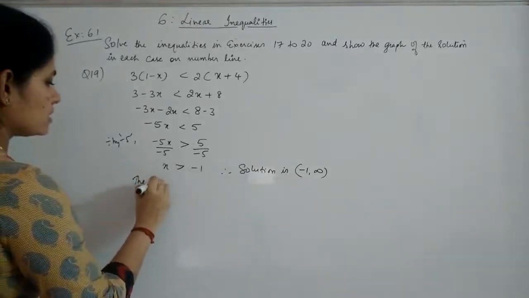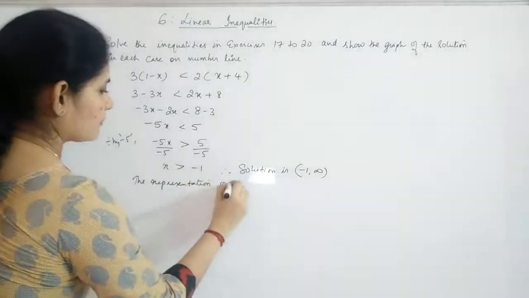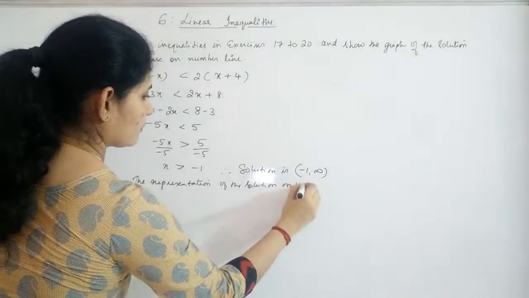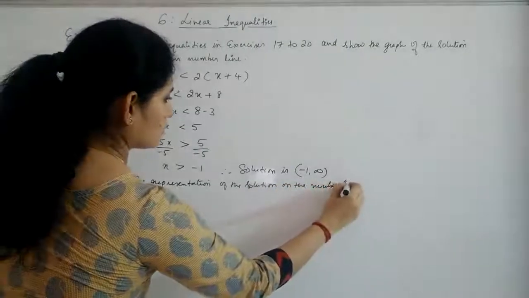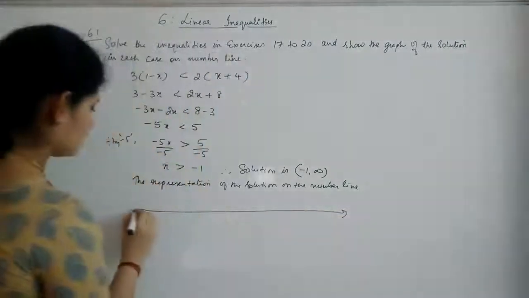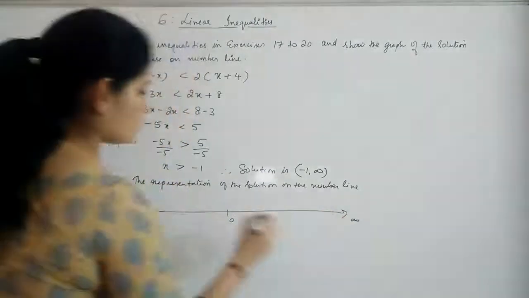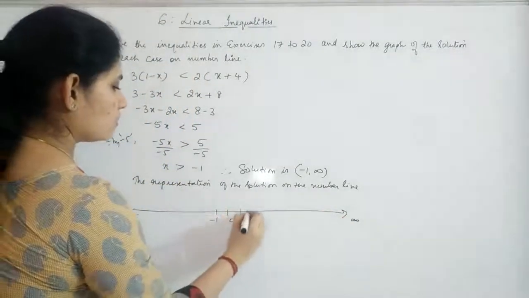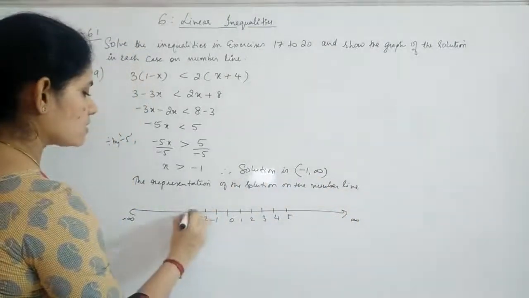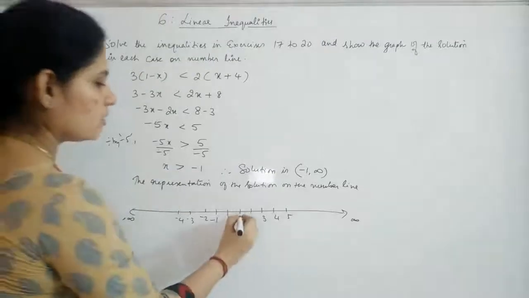Now the representation of the solution on the number line will be like this: 0, minus infinity, plus infinity, -1, here 1, 2, 3, 4, 5, etc. Here -1, -2, -3, -4, etc. So since it is greater than -1, what you need to do?